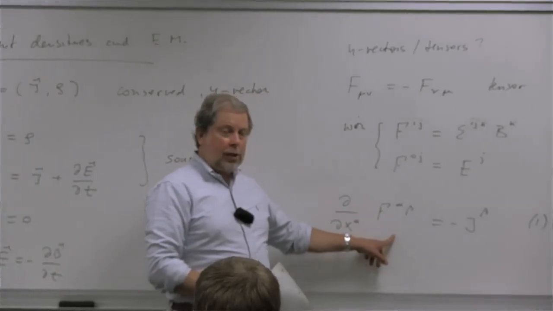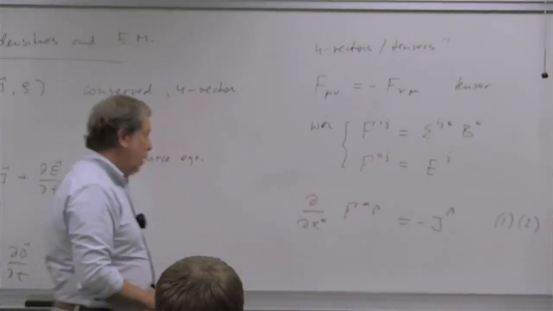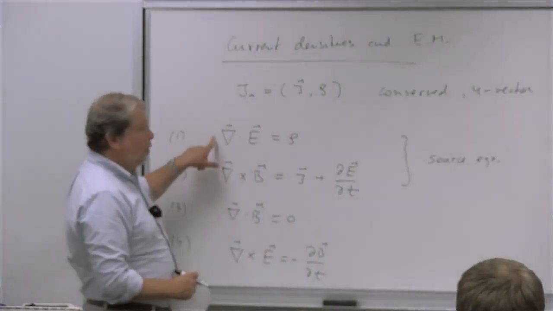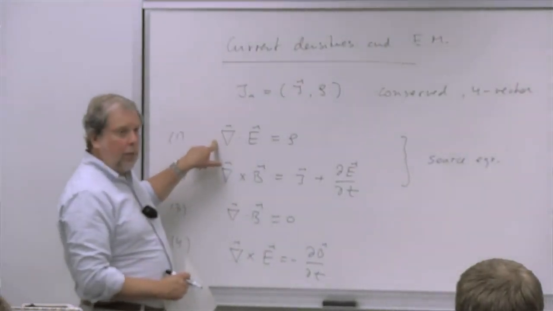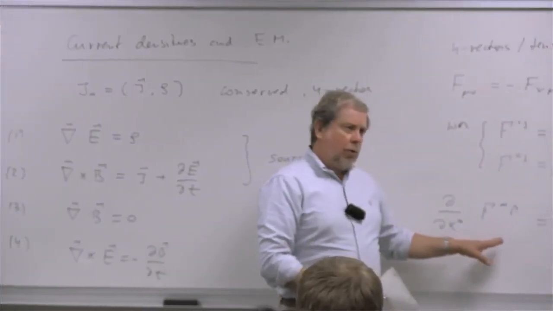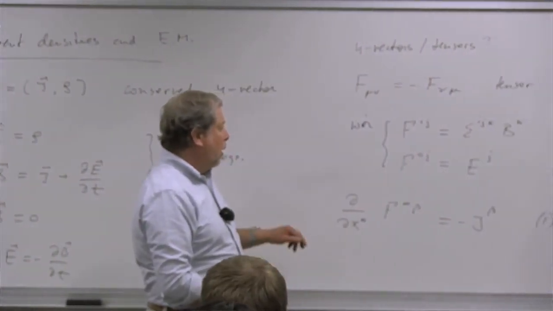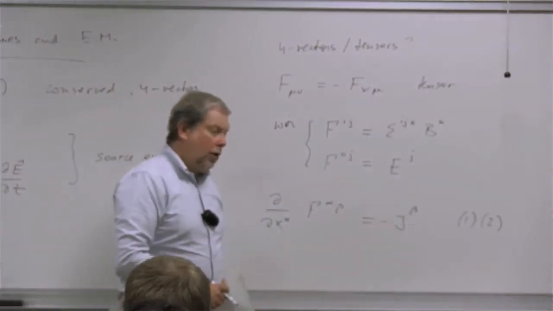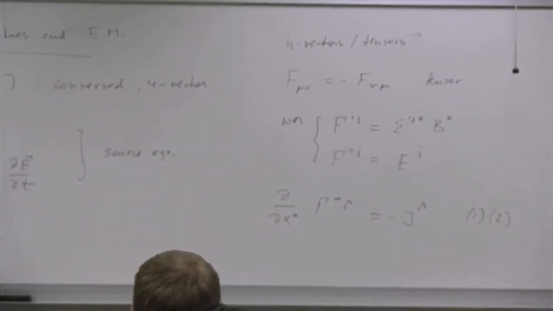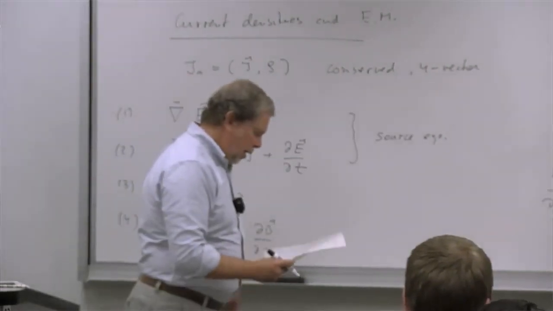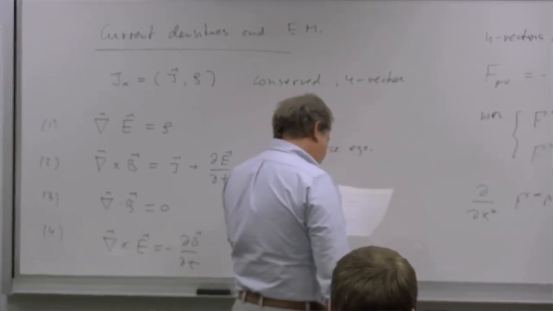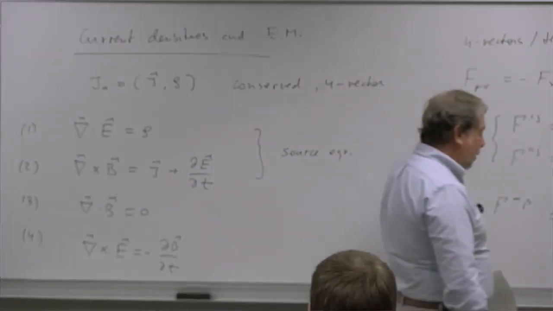In other words, you take for this F these various components, and you can see that you either reproduce this equation when you have the i and j components, or you reproduce this one when we have the 0 and j components. That equation looks rather nice because it involves on this side a 4-vector, and it involves the d by dx^alpha, which we know is also a naturally covariant 4-vector as well.